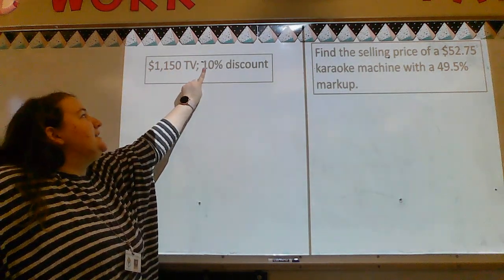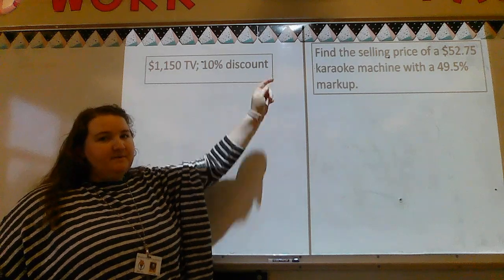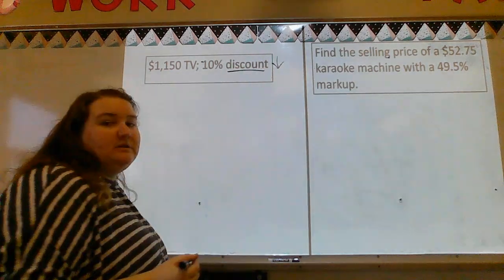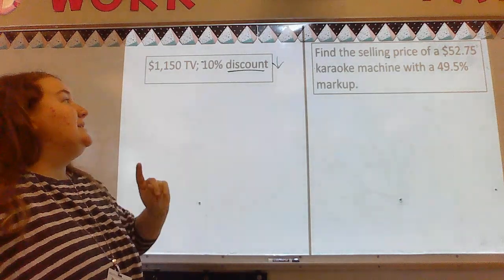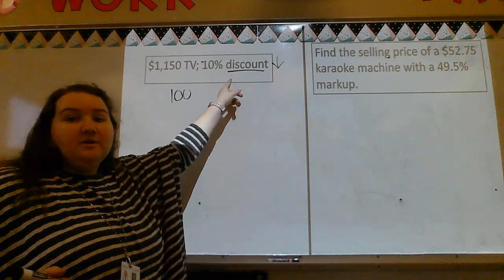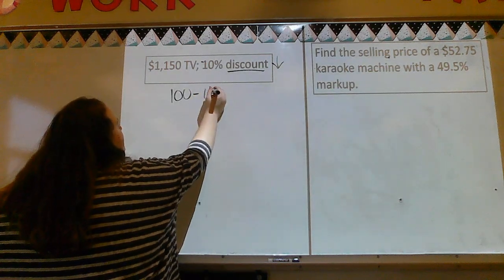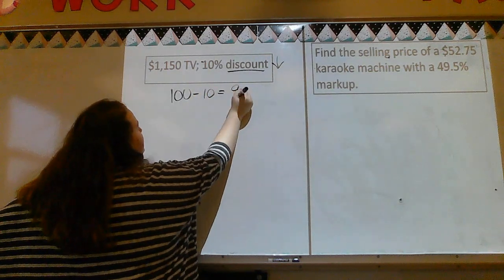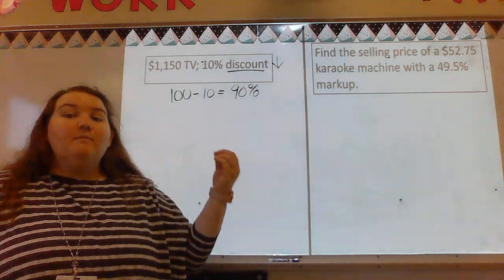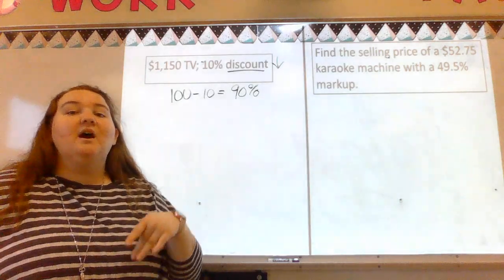$1,150 TV, and it has a 10% discount. Okay, so first of all, discount means we are doing a mark down, which means I'm going to subtract. Now, step 1, we take our percent, we have 100. And because it's a discount, we subtract our percent. So 100 minus 10 is 90%. Next, because we are dealing with money, my percent has to become a decimal.